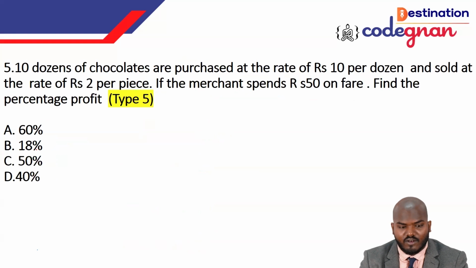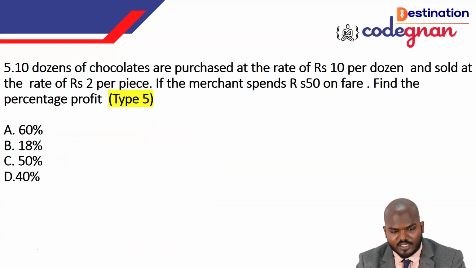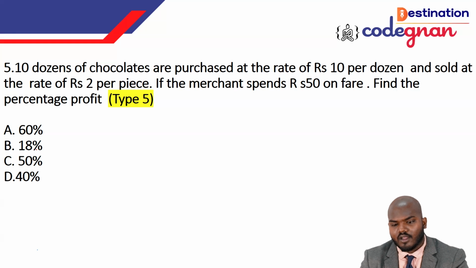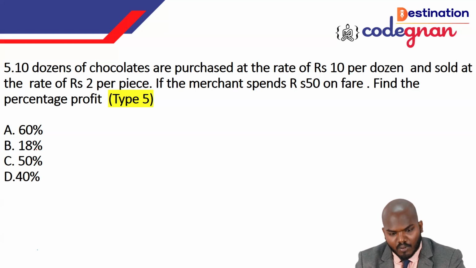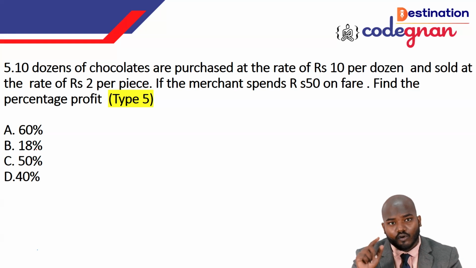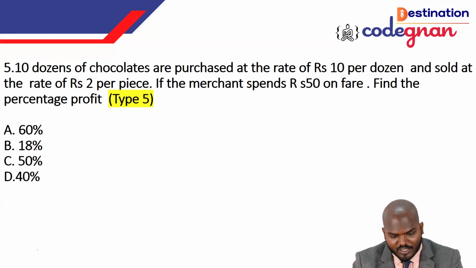For 1 dozen we commonly have 12 pieces. So he was buying for 10 rupees per dozen, but selling each piece for 2 rupees. Then 12 pieces will give you 24 rupees, but the whole dozen he bought for 10 rupees. So he is getting a profit of 14 rupees here.